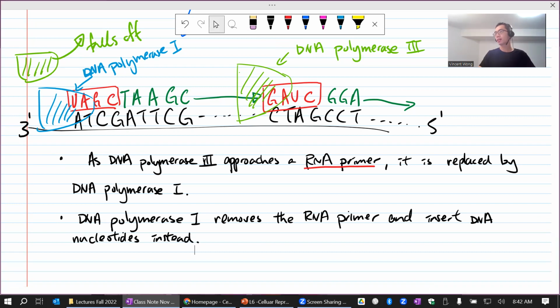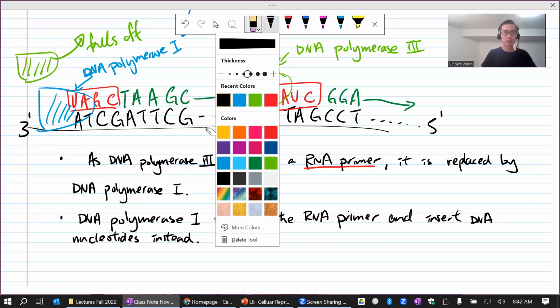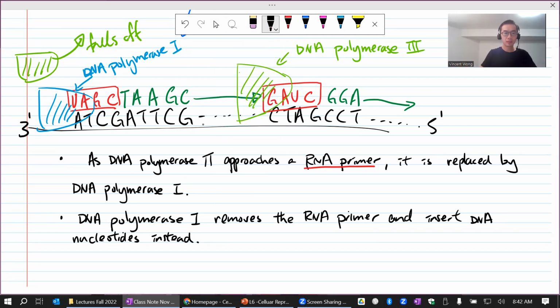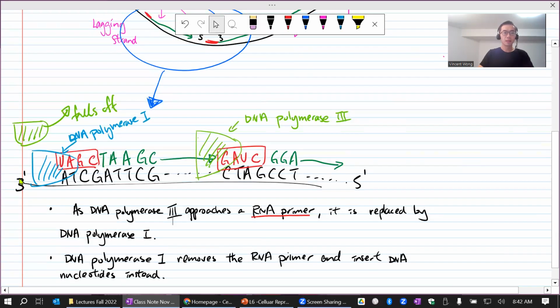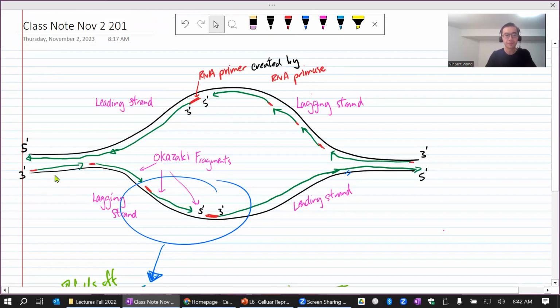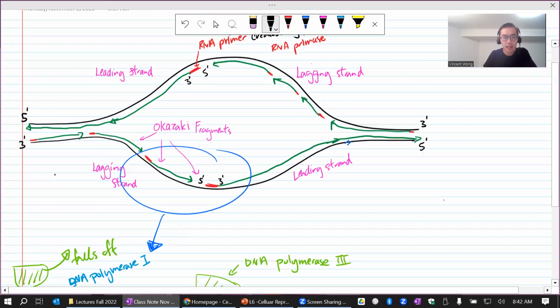Give you a moment to copy the stuff, and then I'll show you the big picture again. So over here, take a look at these red things.